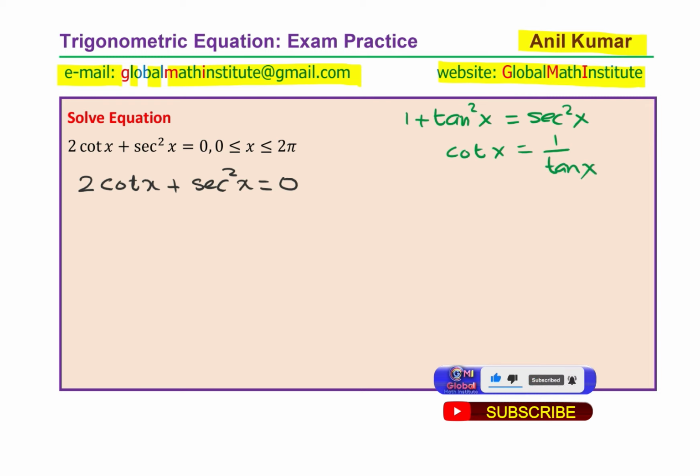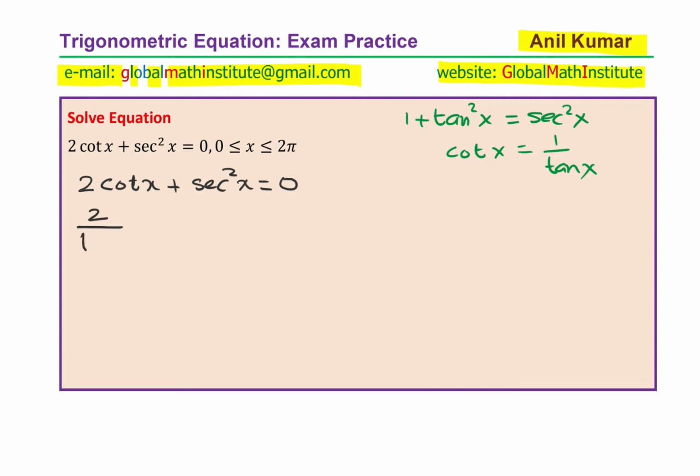Using these, we can rewrite the expression as 2 over tan x plus 1 plus tan square x equals 0. Now, taking tan x as common denominator, or you can say factoring it out, let me write this as 1 over tan x.